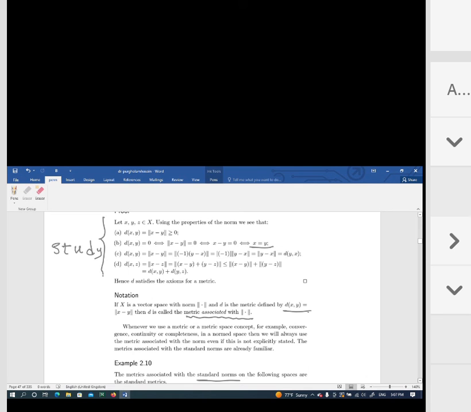If we change the norm, the metric d will change. So this d is related to the norm.